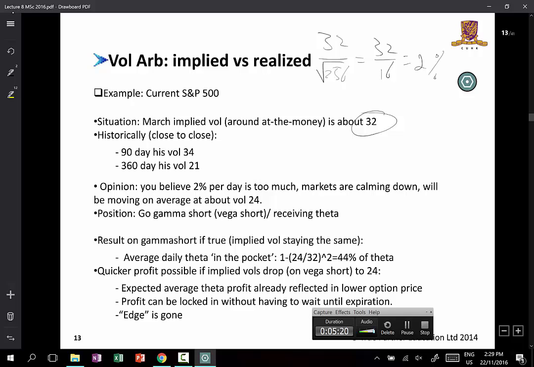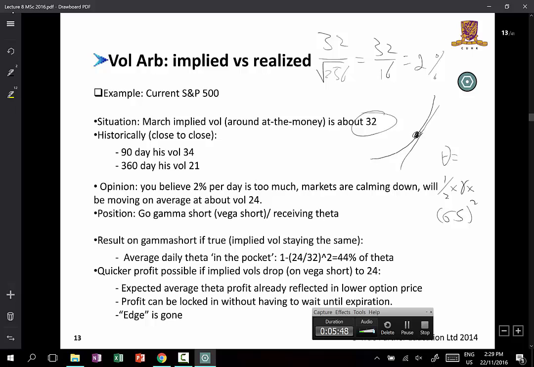And if you think this is too much, so first of all, if the market expects there will be 2% of movement, if you sell the option, that means the time decay, the theta, first of all, you are receiving theta, and the theta will compensate you to the degree of a half gamma sigma S squared.